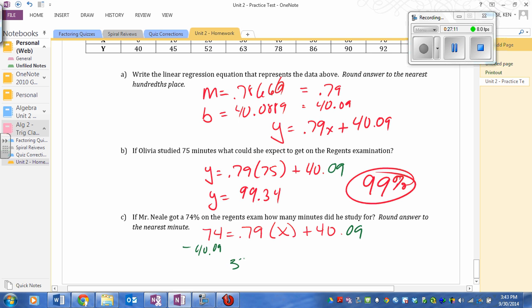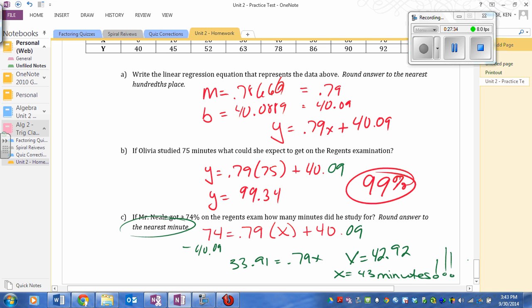So I get 33.91 equals 0.79x. Divide by 0.79, I get x equals 42.92. So round the answer to the nearest minute. He studied for 43 minutes. That's it.